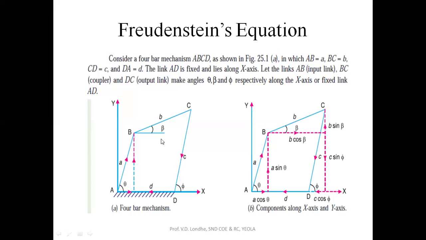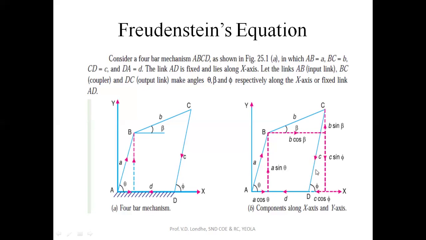Now all these link lengths can be represented in vector form by resolving the links into the x and y axes. If we resolve the link AB, it is a cos theta along the x axis and a sin theta along the y axis. Similarly, for the link BC, b cos beta along the x axis and b sin beta along the y axis.